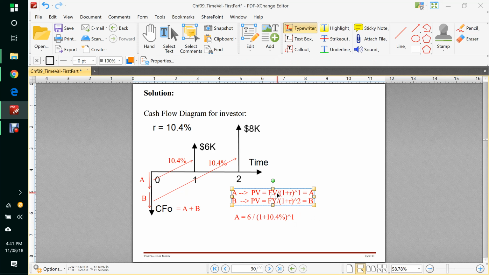Let me say here FV1, just to make sure we're clear that we're talking about the 6,000 and the 8,000, so I'll say FV2 here.